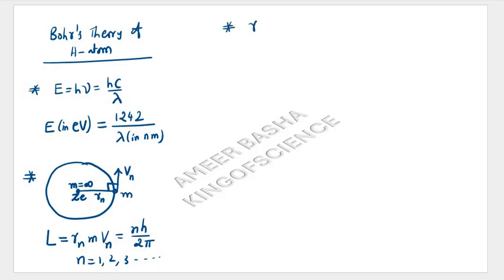The radius of the nth orbit is given by R1 multiplied by n square upon Z. Here R1 is epsilon naught h square divided by pi m e square. Its value comes out to be 0.529 angstroms.